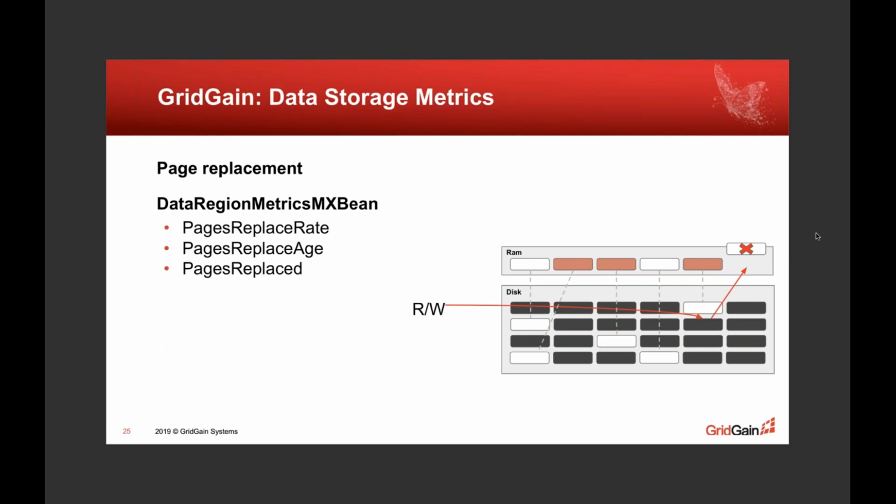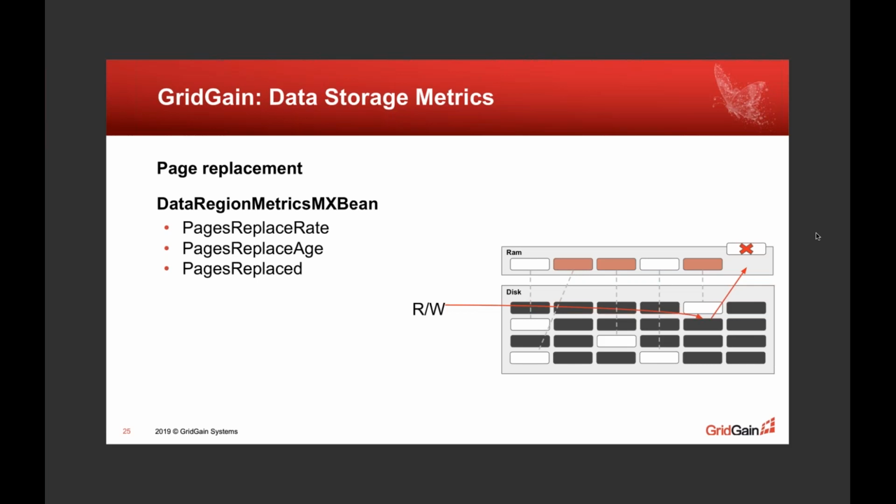Also, there is a pretty important procedure called page replacement, and it happens when you need to perform an operation on a page that is currently not stored in memory, so you need to go to disk and preload some page to memory, and to do so you need to remove some existing page from memory, because you may not have enough memory to store another page.